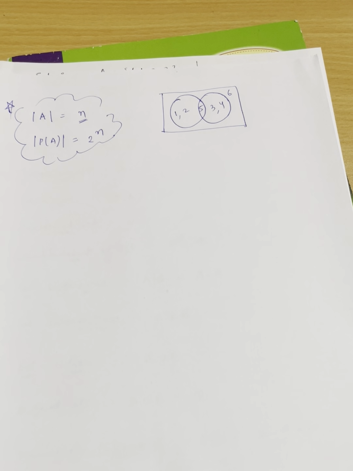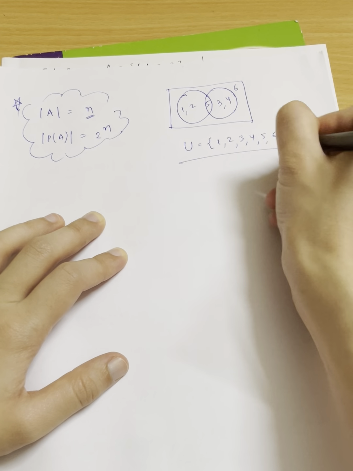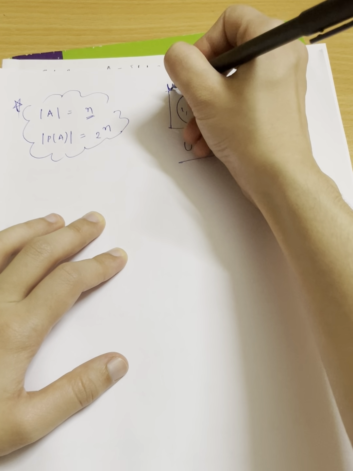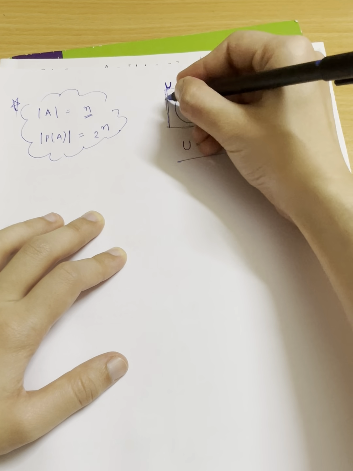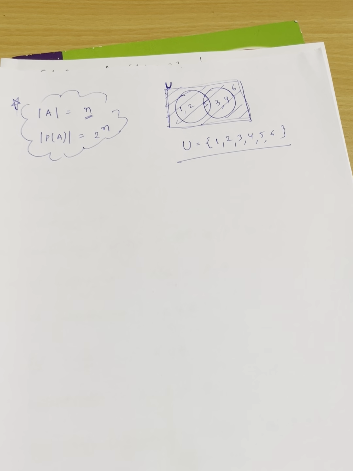Take one simple example, and if someone asks what is the universal set here, the universal set is 1, 2, 3, 4, 5, 6. The whole thing is the universal set.